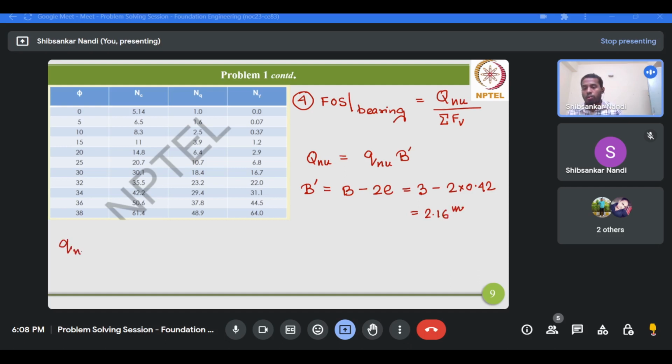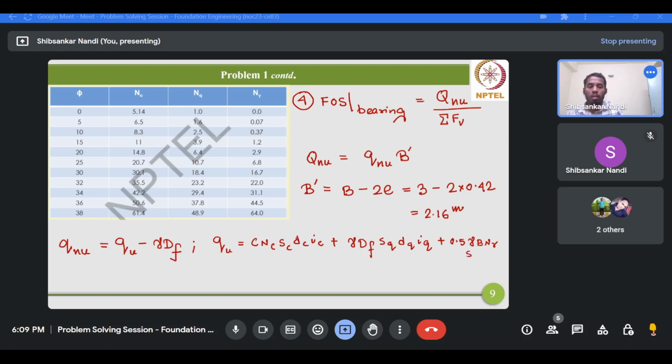And what is the Q nu? So Q nu is basically Qu minus gamma Df. And what is the value of Qu? So Qu is C Nc Sc Dc Ic plus gamma Df Nq Sq Dq Iq plus 0.5 gamma B N gamma S gamma D gamma I gamma.